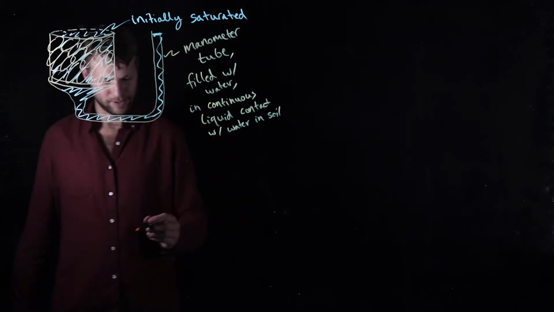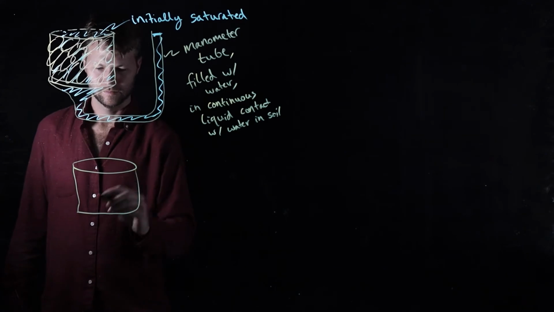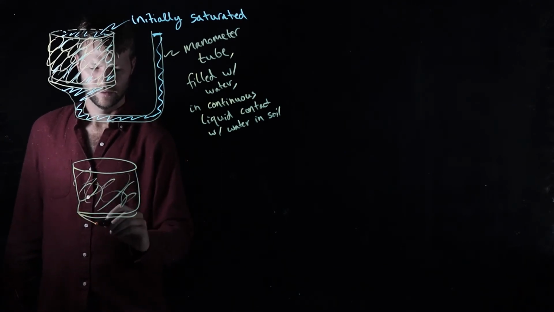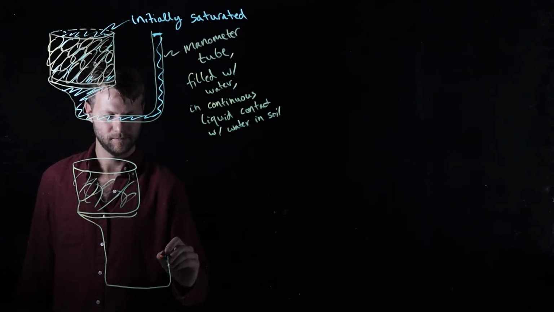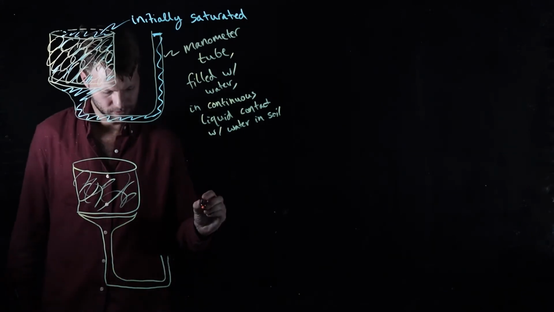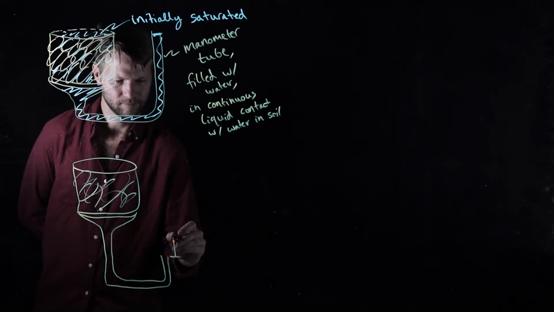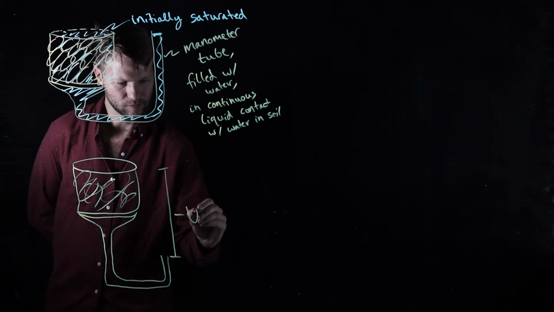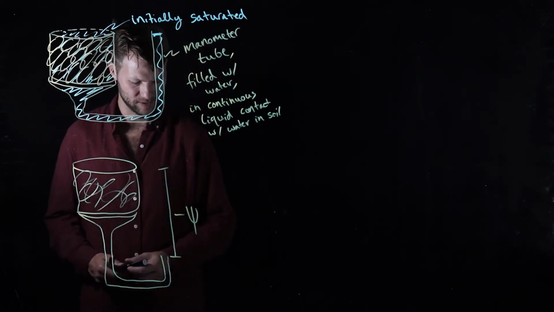So this is the experiment. It's the exact same thing. There's a ceramic plate. We've got our soil sample here. But the idea now is that we're able to lower this tube such that this difference in height is telling us what the pressure component of head is inside of the sample.